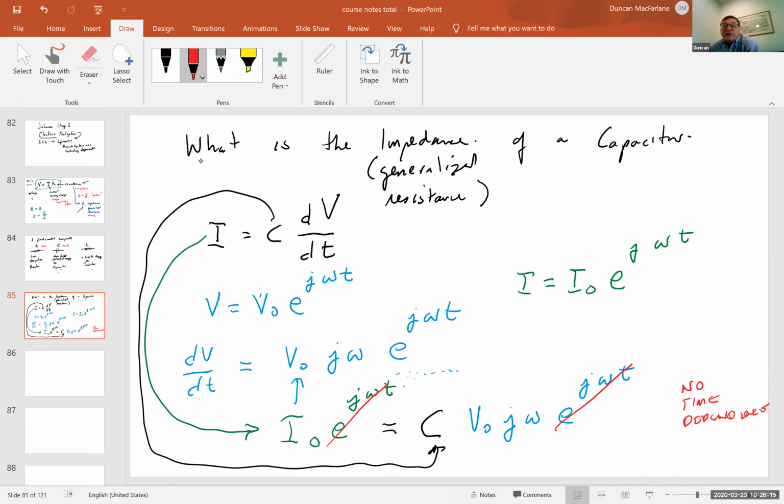Some of you may have already looked at a little bit of differential equations, or maybe even a lot of differential equations, and in the parlance of that course, we have just solved this differential equation because we've guessed a correct solution to that differential equation, and the time dependence has dropped out, and so now what we're left with is the interplay between the parameter omega and then some constant, then the amplitudes and a constant or two.